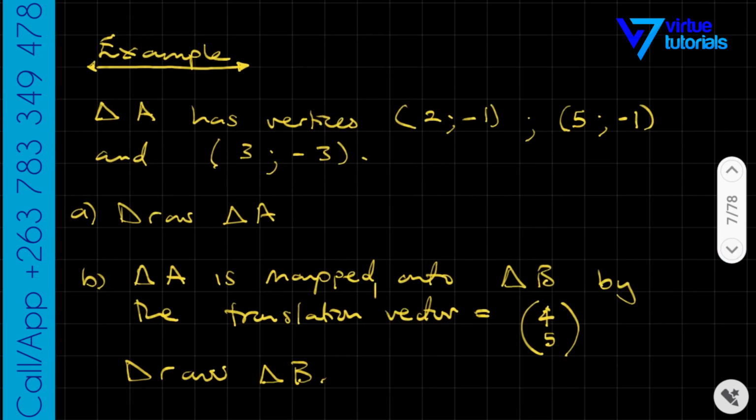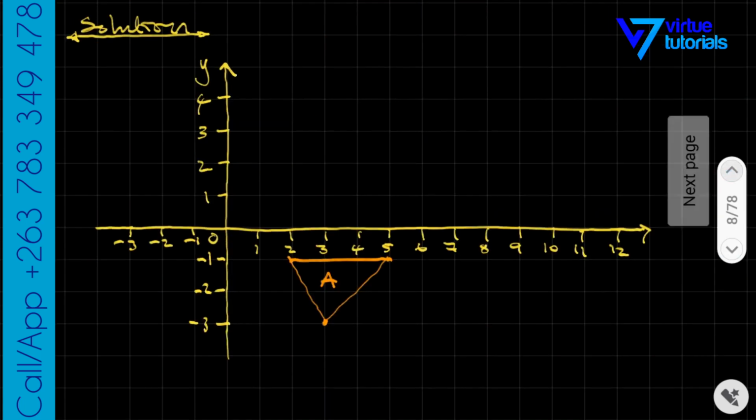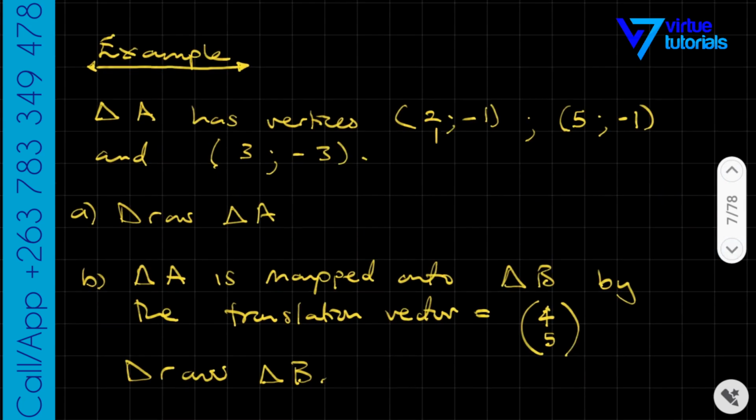Now, they said triangle A is mapped onto triangle B by a translation vector (4, 5). Draw triangle B, right? What do you do? You simply take the coordinates of the vertices here of A and add your translation vector, right?